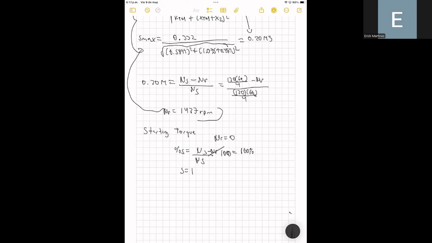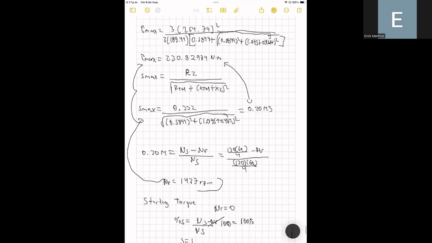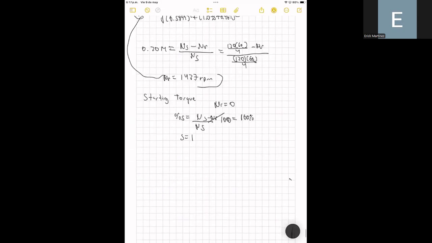So what we need to do in order to compute the torque that is produced when the motor is starting, we need to use another formula, the formula of the induced torque that we saw at the beginning.